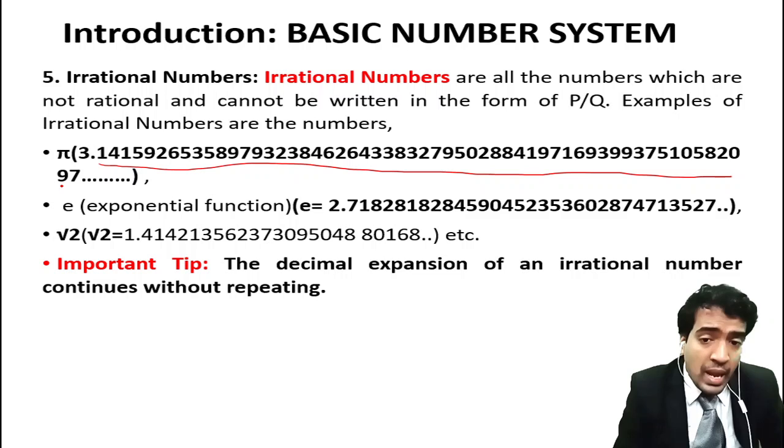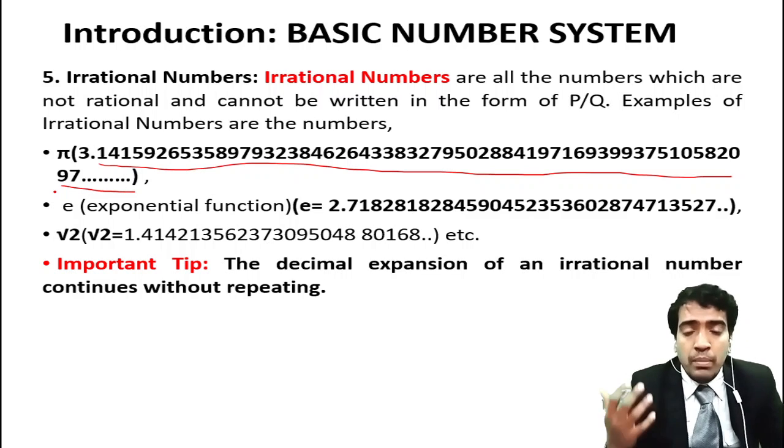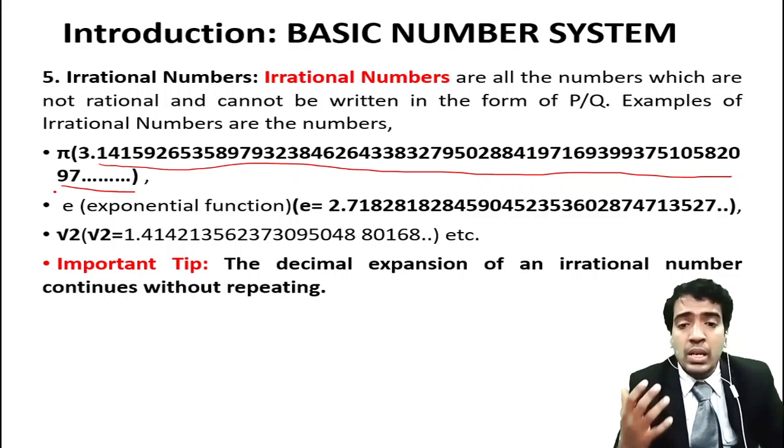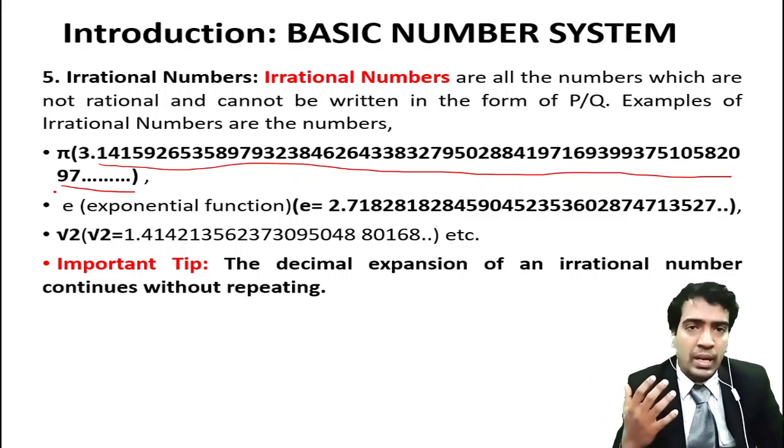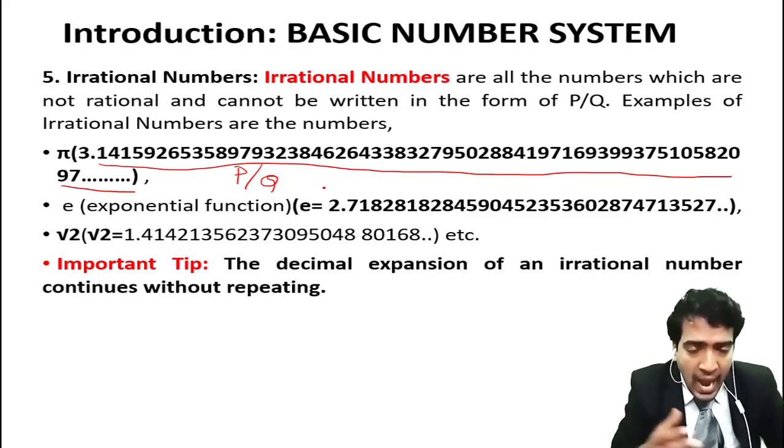Can you see? And it doesn't end. You cannot stop this. Pi has after the decimal an infinite number of digits, it still continues like that. So it is impossible to represent pi in the form of p by q, because the decimal never ends.